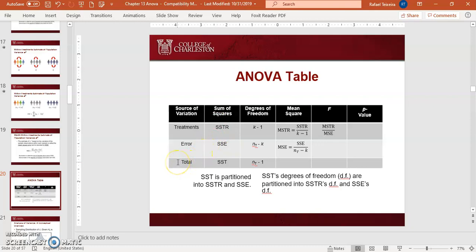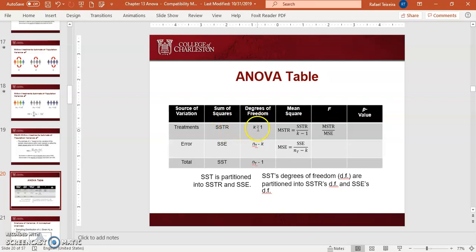Finally, we have the total variation for these groups, which is the sum of squares total. It's important to understand this terminology and these sources of variation and where they're coming from. Then we have the degrees of freedom associated with each of these sources of variation.